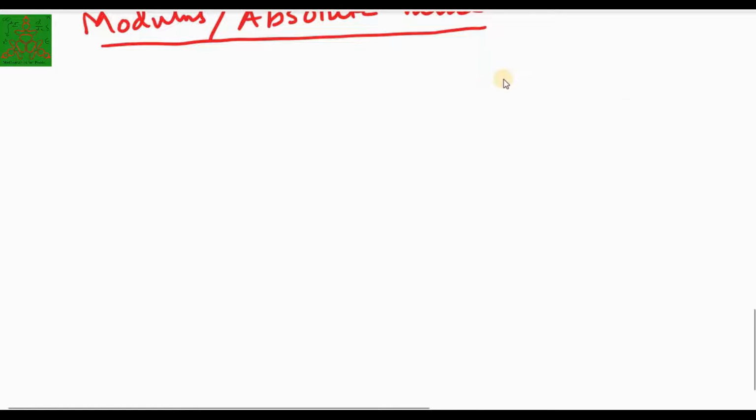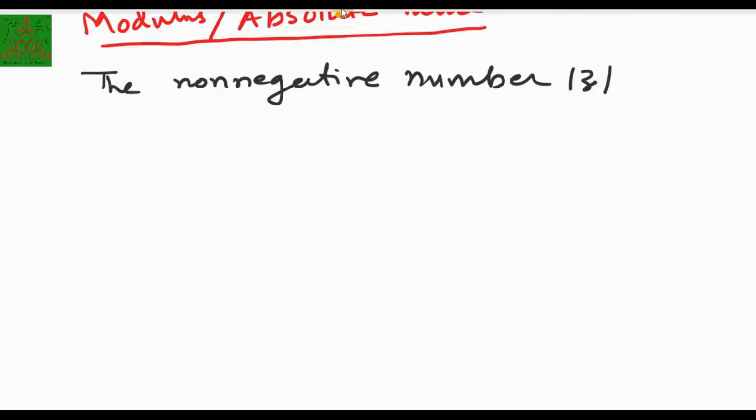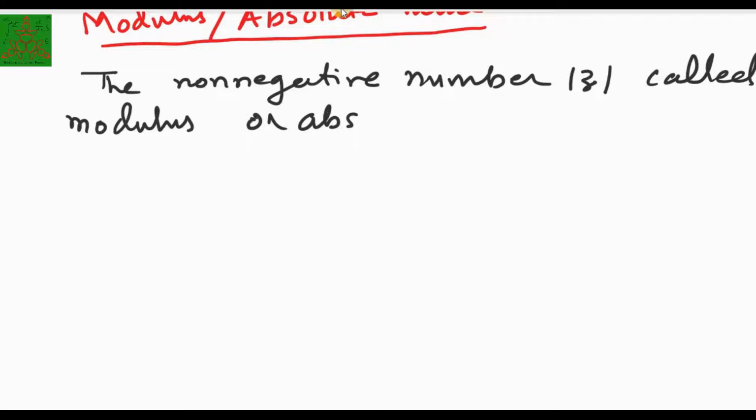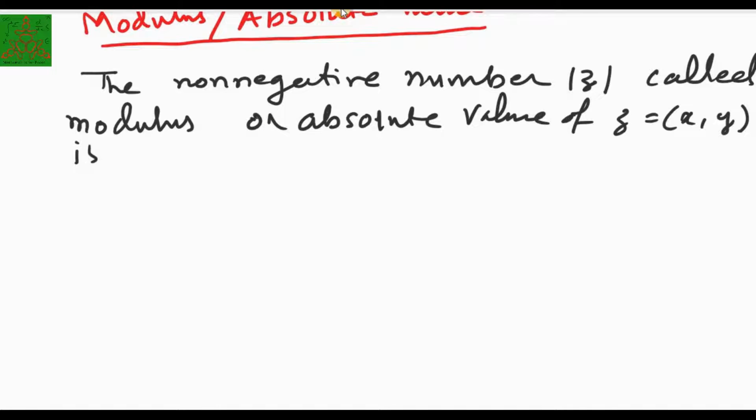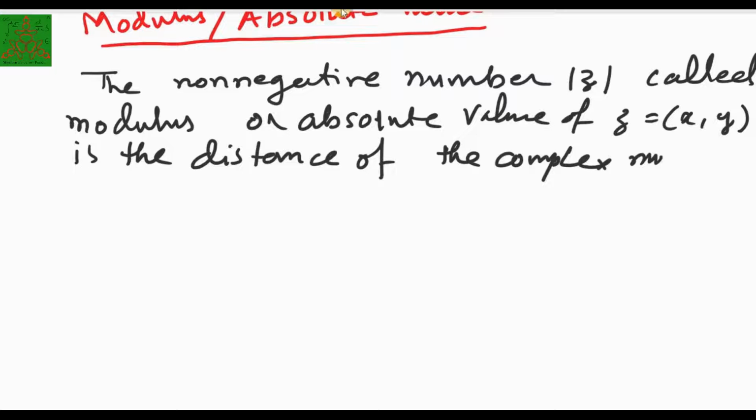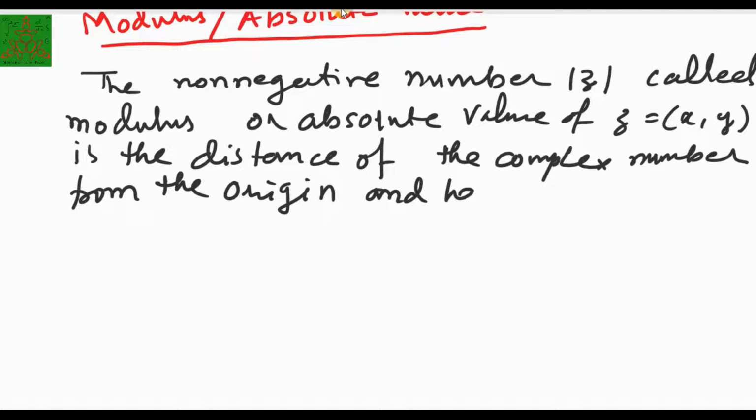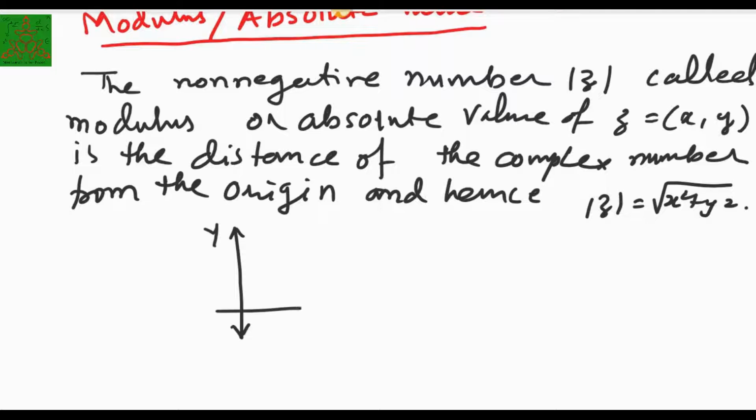The non-negative number mod z, called the modulus or absolute value of z, for z equal to (x, y), is the distance of the complex number from the origin, and hence mod z is equal to the square root of x squared plus y squared. So a modulus is nothing but the distance of the point z from the origin. Geometrically, if this is your y axis, this is your x axis, and this is the point z equal to (x, y), then the vector or line segment, the distance from here to there, is mod z.